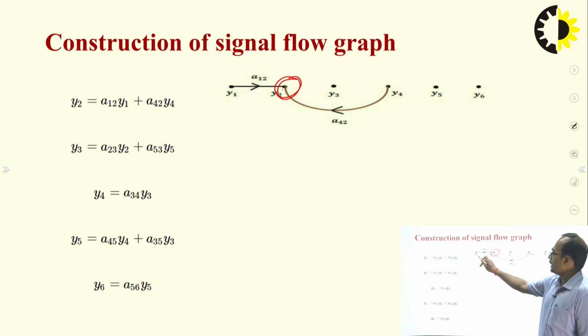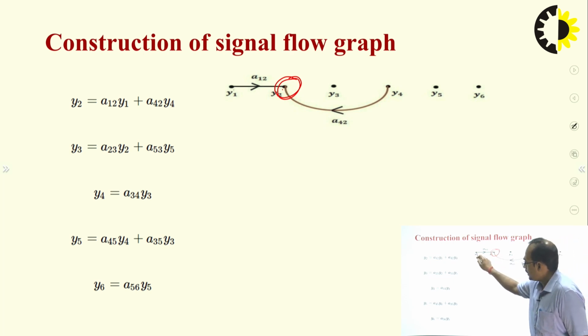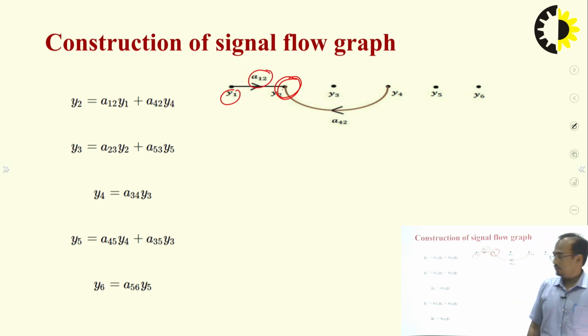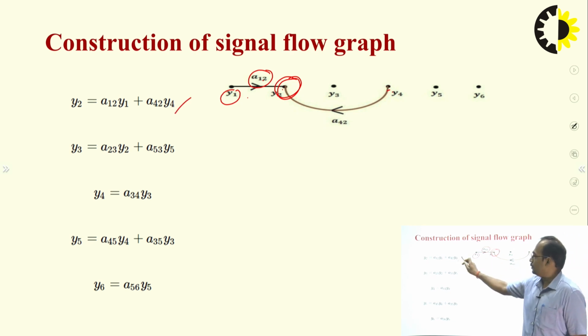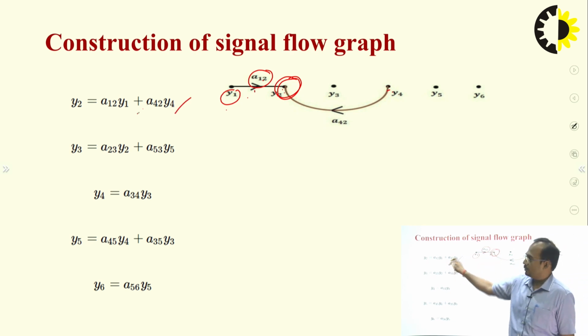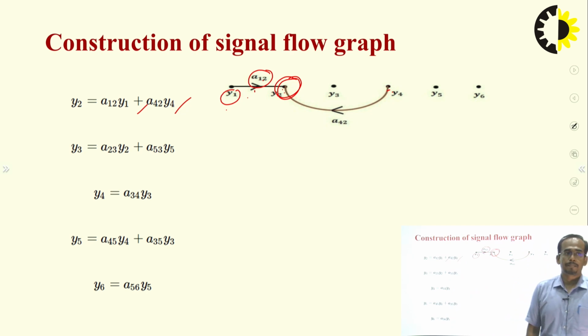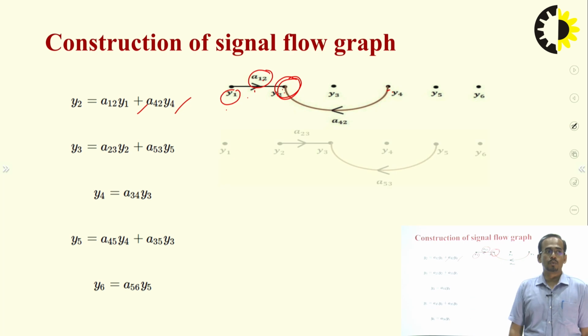So y2 will be equal to the summation of all incoming branches, each node multiplied by the gain of the path. The incoming branches are 2: y2 equals y4 a42 plus y1 a12. This is the equation for node y2.